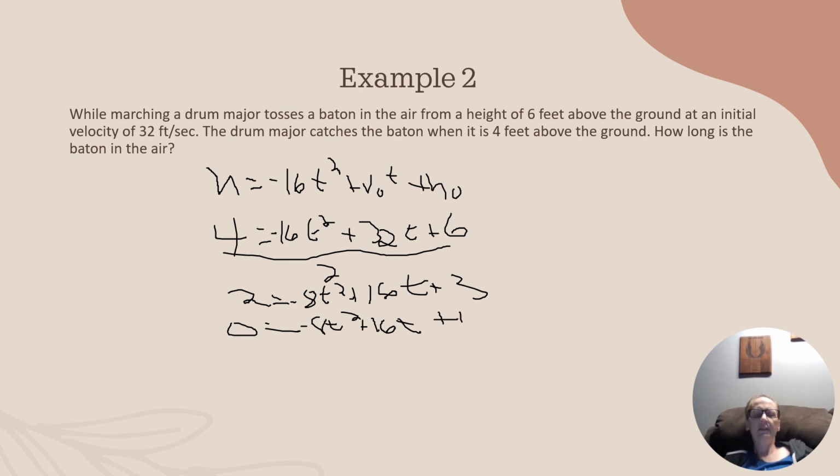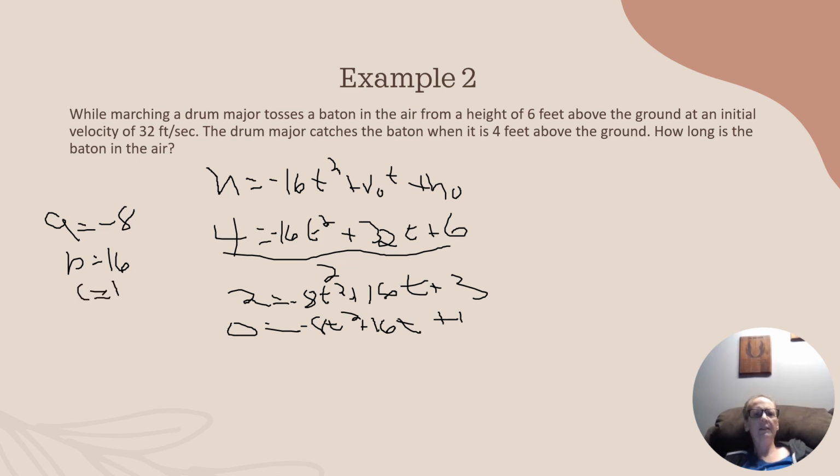Now you can solve this by any method you would like. I just use the quadratic formula. It's generally going to be your best bet for problems like this. So my a is negative 8, my b is 16, and my c is 1.